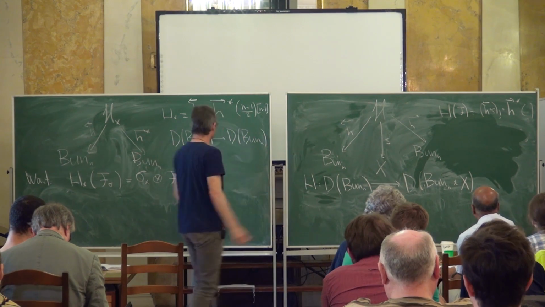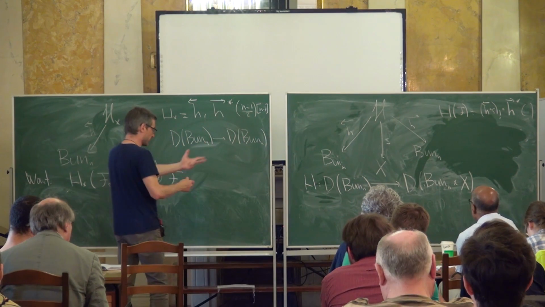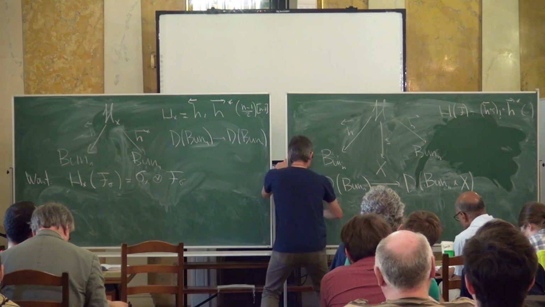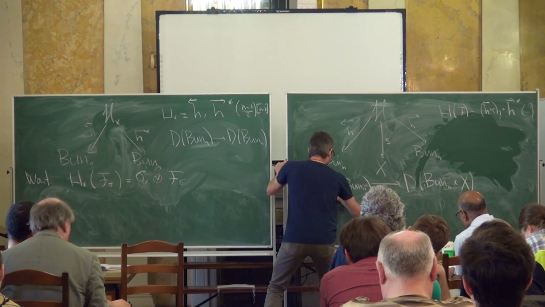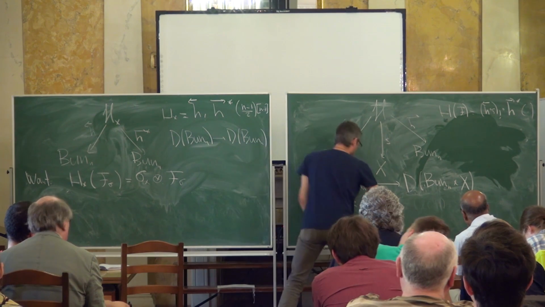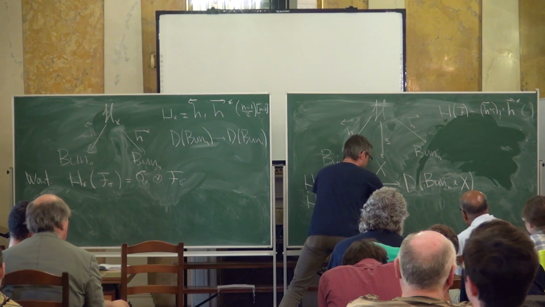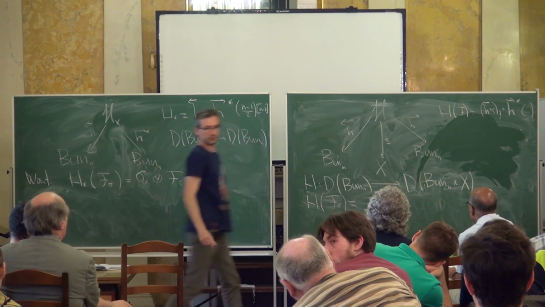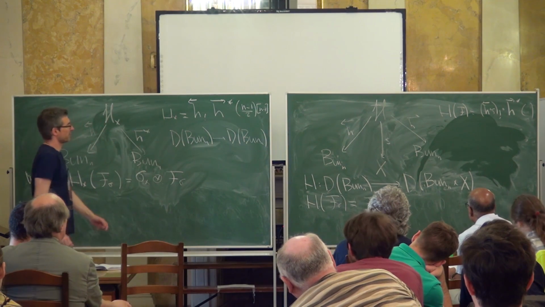And so the modified version of the Hecke property, which is much more powerful than this one, says that I want H of F sigma to be actually the tensor product of F along the Bun factor times sigma along the second factor.